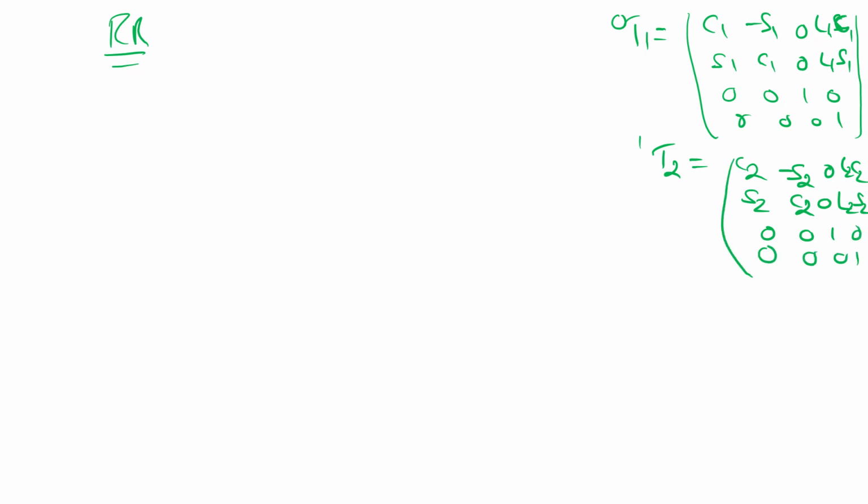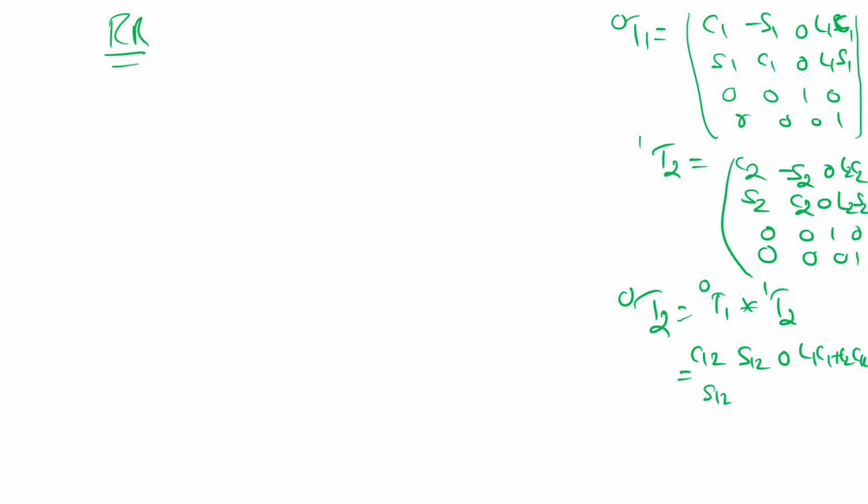Okay, so this is one matrix. Then T2 0: you have to multiply. How do you get T2 0? T2 1 should be multiplied with T1 0. Once you multiply, you will get C12, minus S12, 0, L1 C1 plus L2 C12.